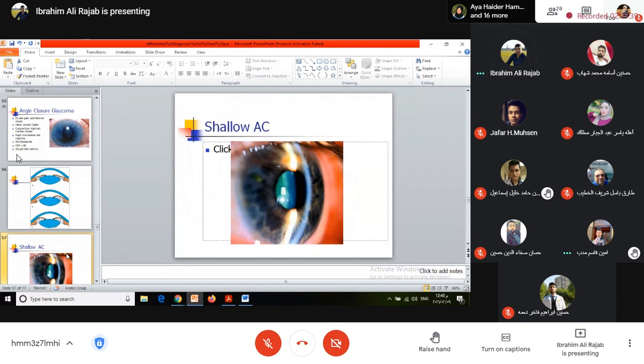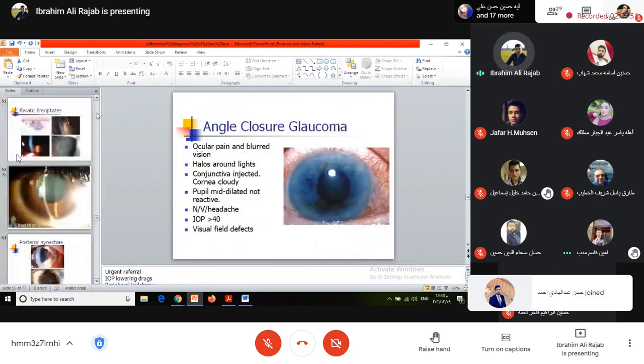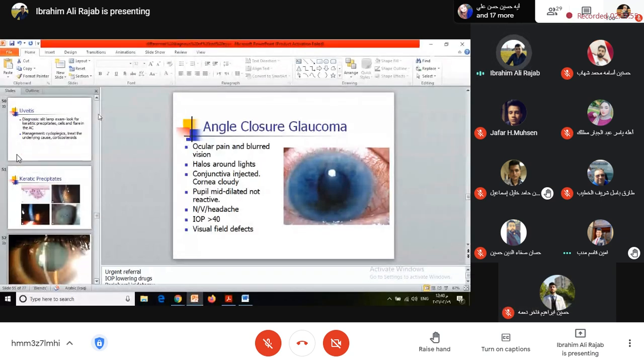The second, the pupil is mid-dilated and not reacting to light, while in acute anterior uveitis the pupil is miosed due to the spasm of the sphincter pupillae muscle.